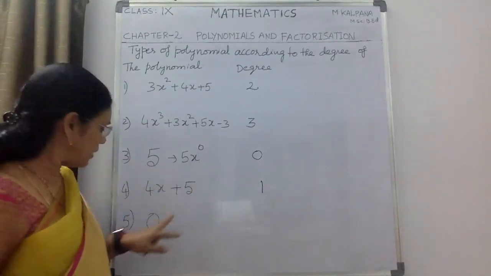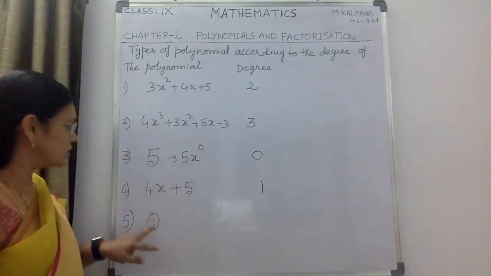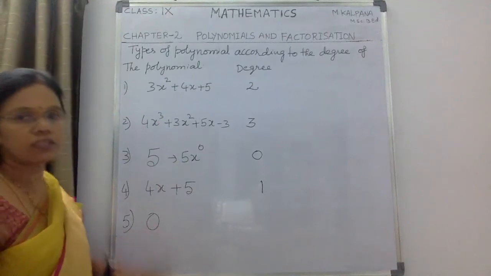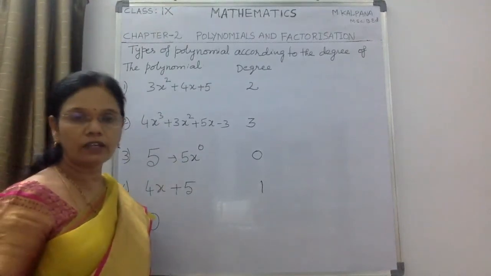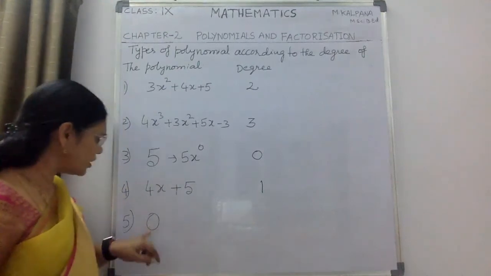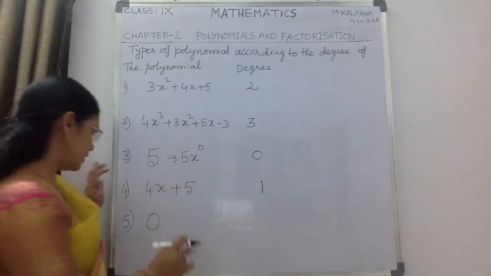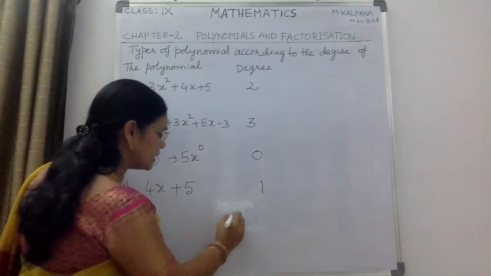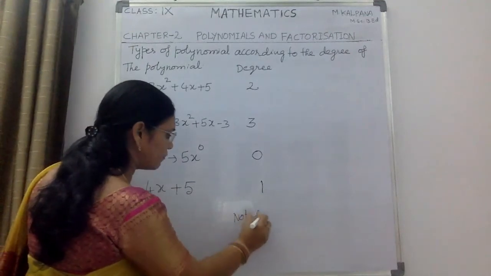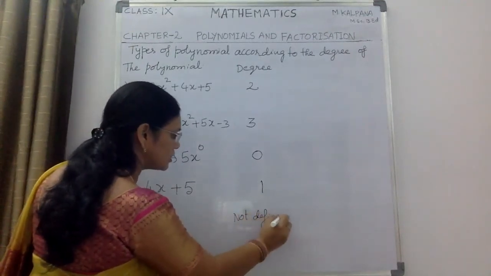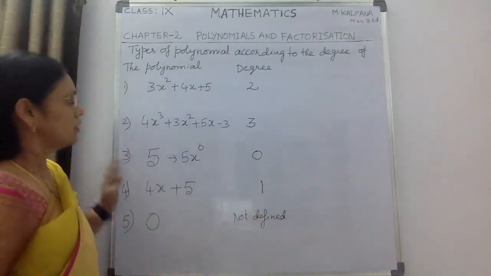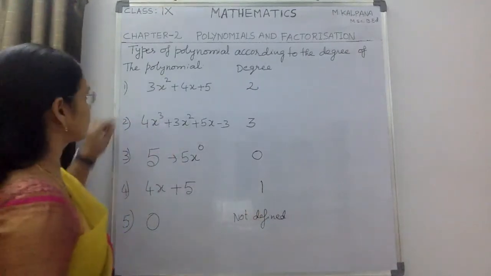But in case of 0, you cannot express it as a product of the variable and constant. So you cannot define the degree of the 0. So degree is not defined here.